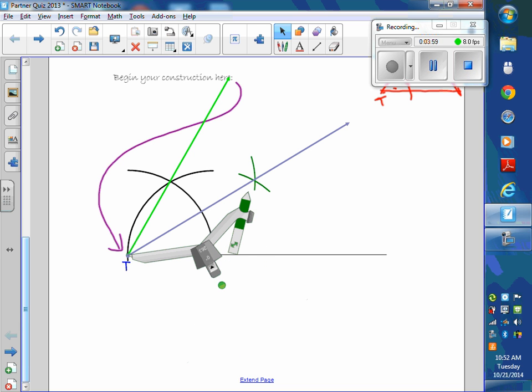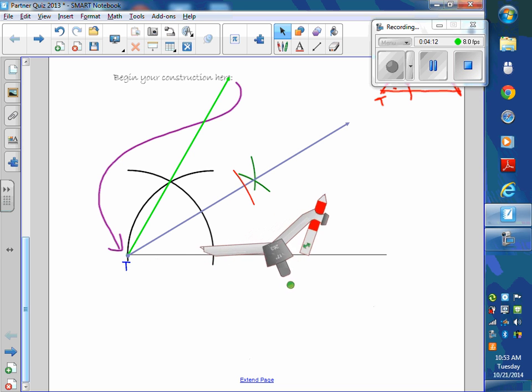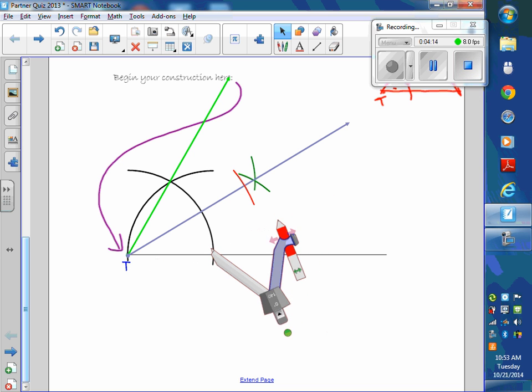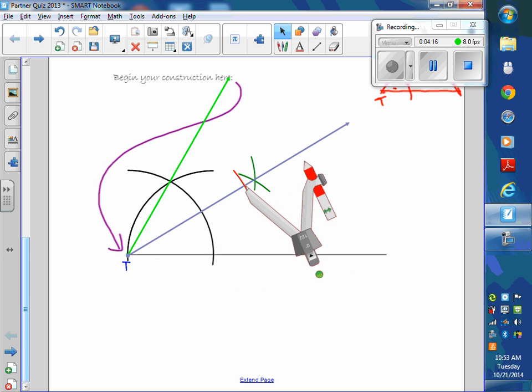And so I know the altitude length is right there. Now I have to make a perpendicular about that red mark to figure out where the base of the triangle intersects the green ray and the original black line.